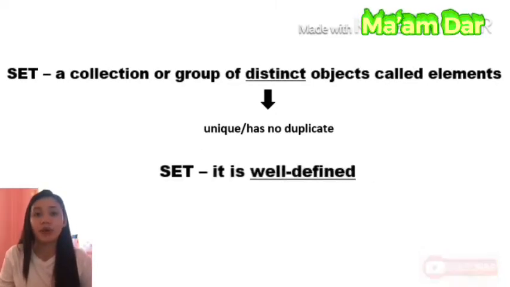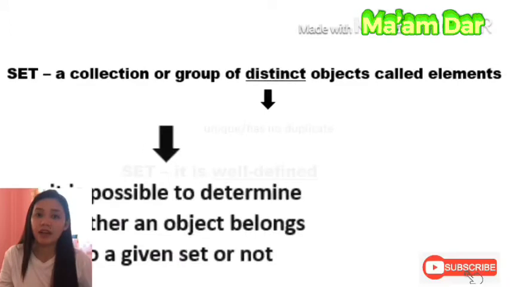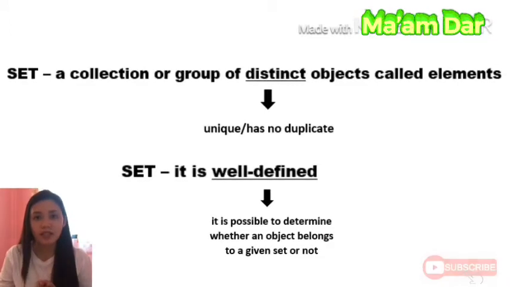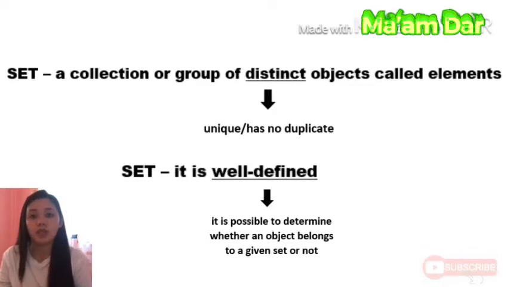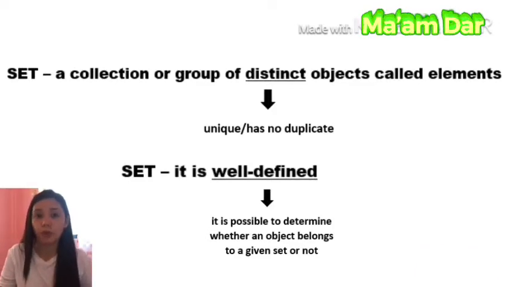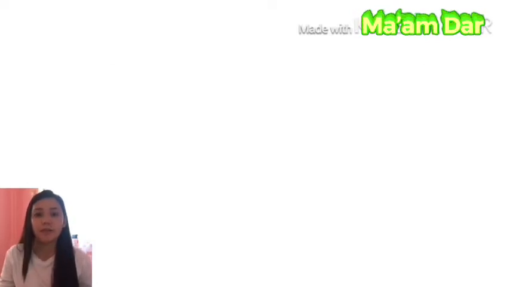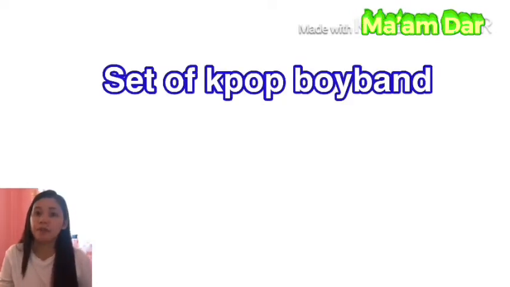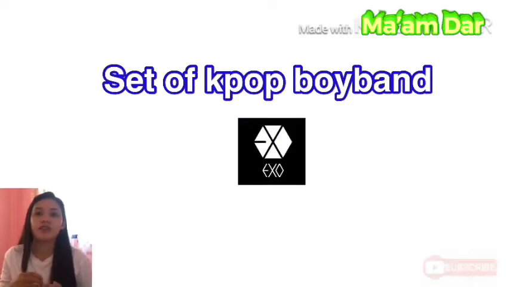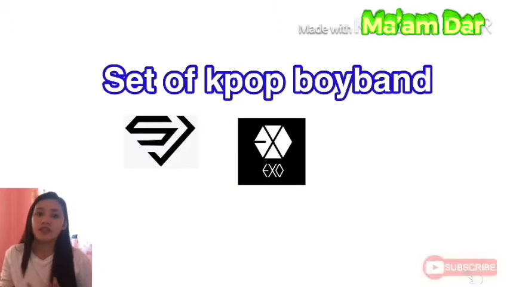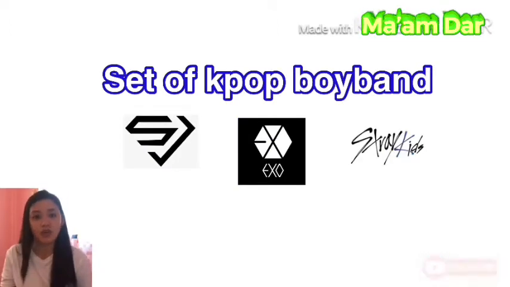Set is well-defined. When you say well-defined, it means it is possible for us to identify or to determine whether an object belongs to that group or not. For example, the set of K-pop boy band. So kabalo ta sa mga members ana. You have EXO, you have Super Junior, you have Stray Kids, you have Astro.